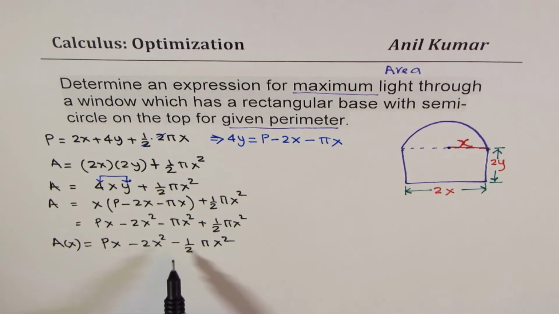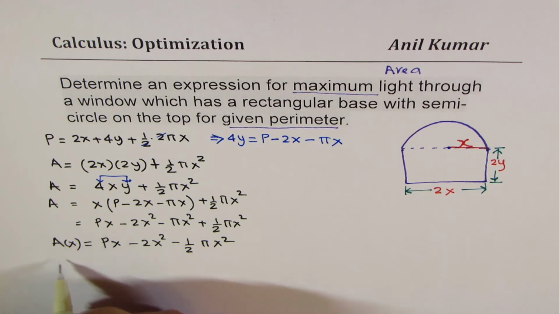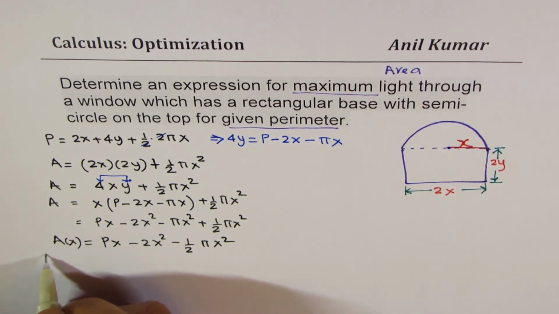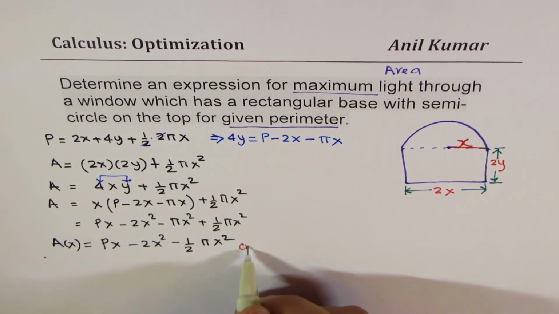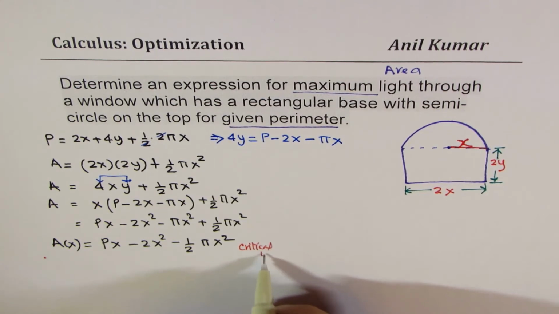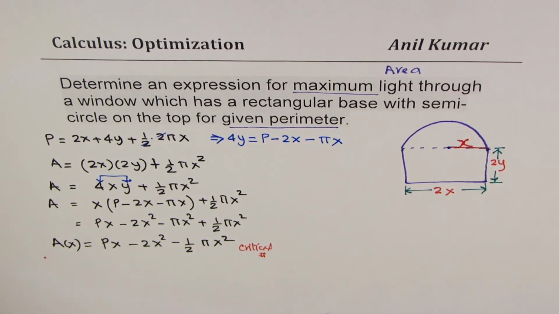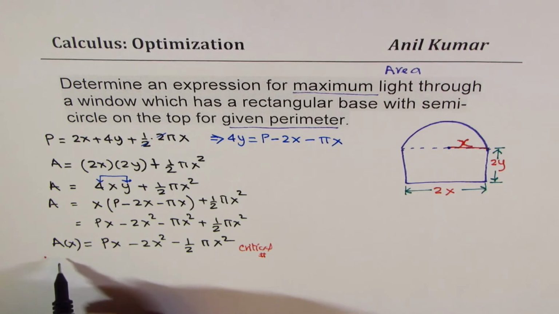Now to maximize, we have to find the critical number. So now let's find the critical number. To find the critical number, the derivative should be 0, right? That is to say, let's differentiate with respect to x.